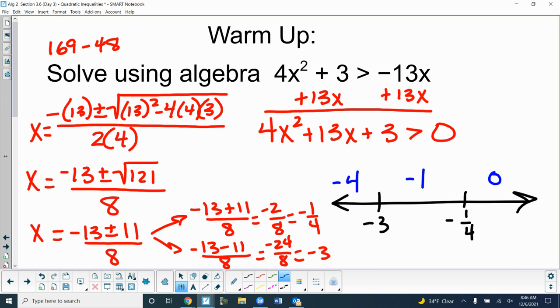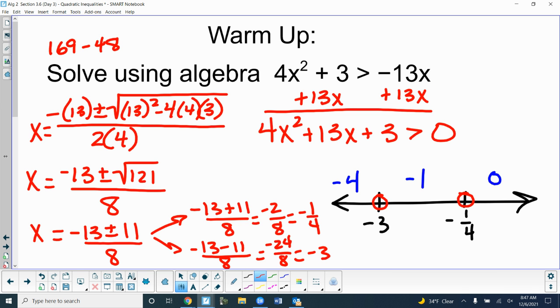Open circles, because it's not equal to, all right? When the equal to is not under there, they're open. All right, so just go to the original problem. Even before you got greater than 0, you can just put it in the first one.